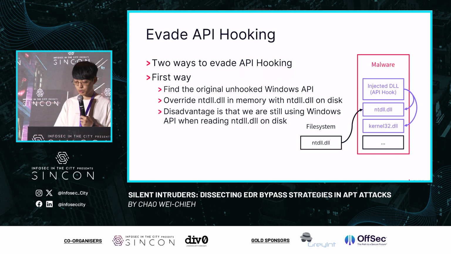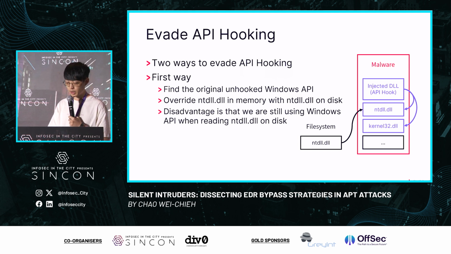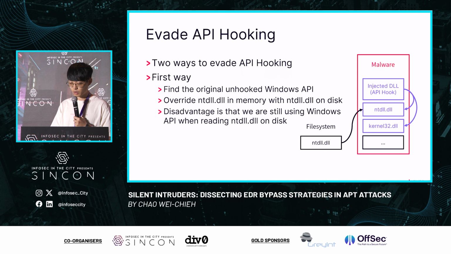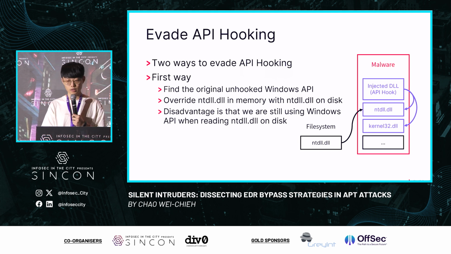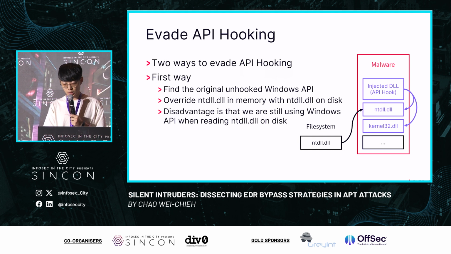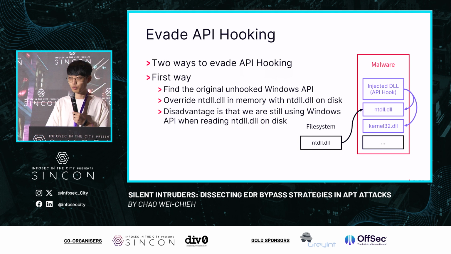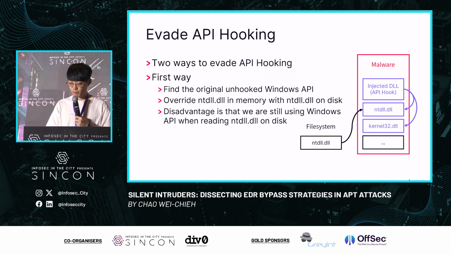There are typically two ways to evade the API hooking by EDR. Since the memory of the system library has been modified, the first way is to recover the system library from the disk. For example, we can read the NTDLL file on the file system and write it back to memory to restore it.